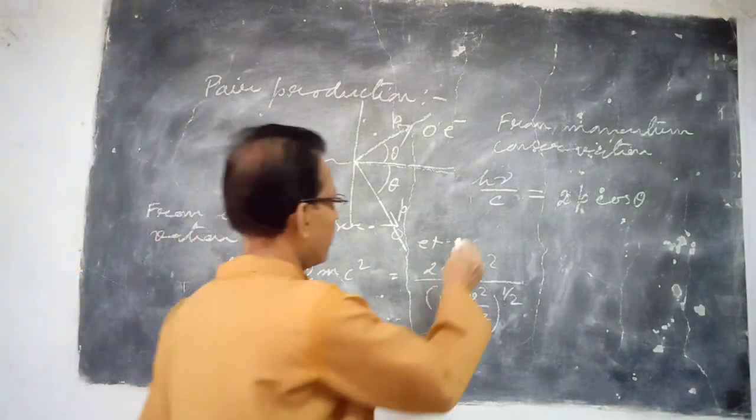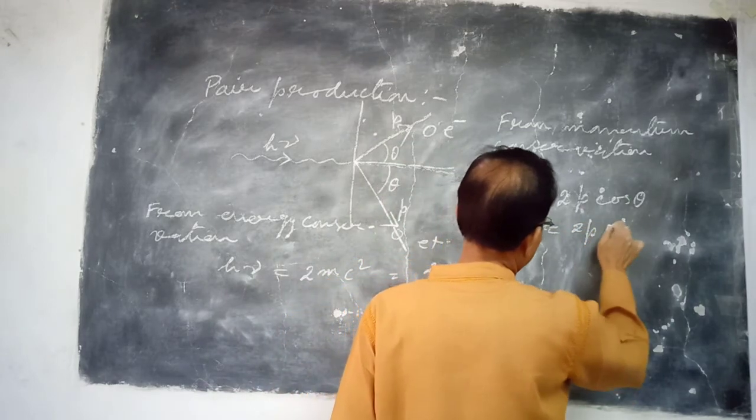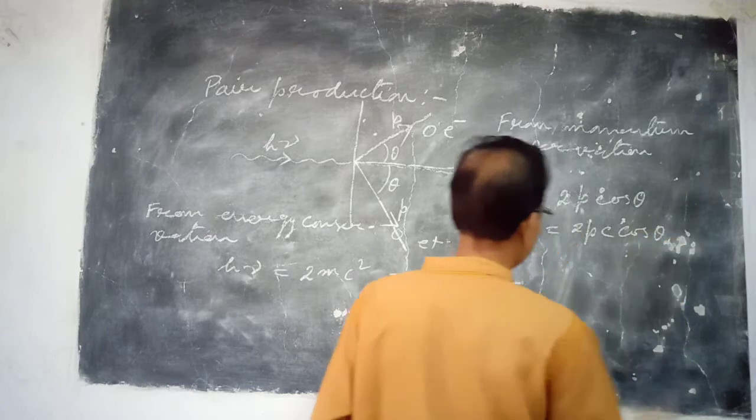So h nu is equal to twice pc cos theta, with c taken to this side.